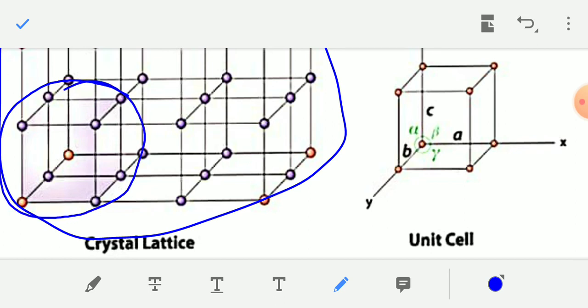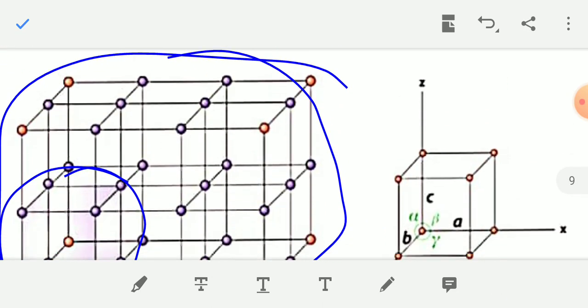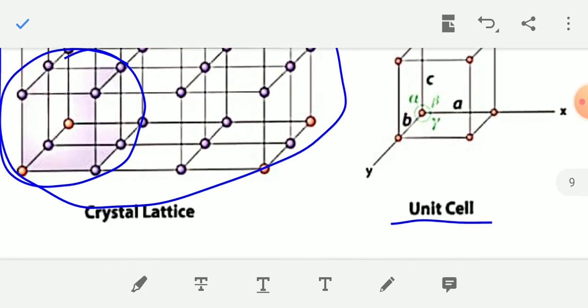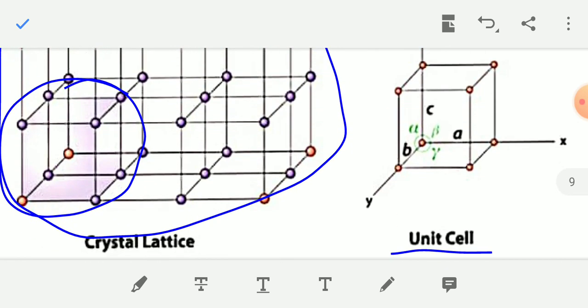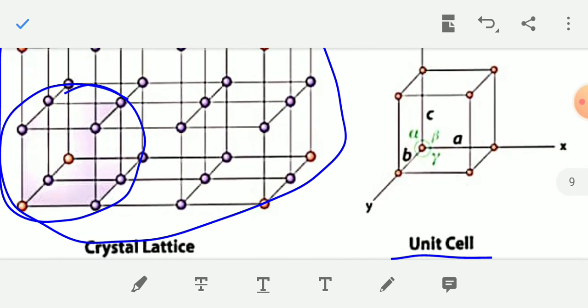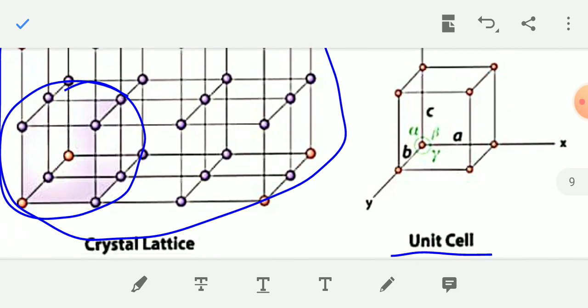You can see unit cell, and this entire thing is the three-dimensional crystal lattice. The smallest portion is repeated in three dimensions, which is known as unit cell. And here also it is shown, unit cell.